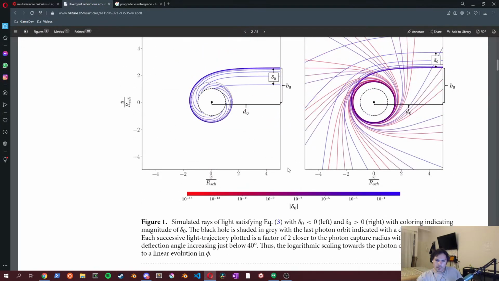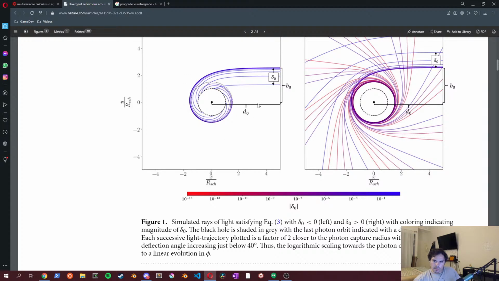All right, so we're looking at figure 1. On the left side, they only drew trajectories that have this delta 0 below. Delta 0 is negative, so you always fall into the black hole.